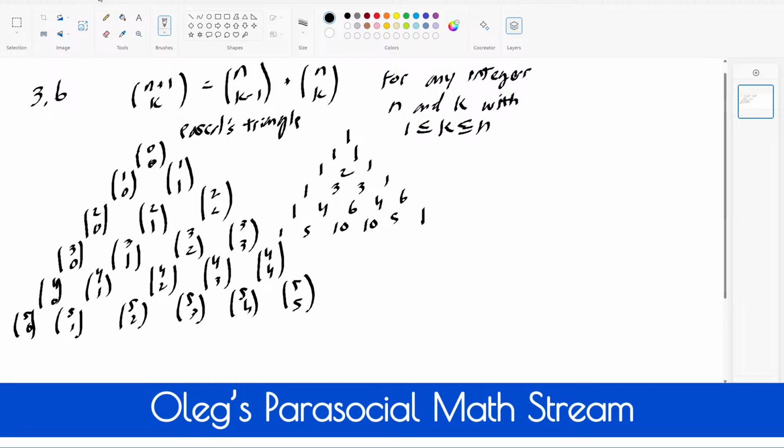This arrangement is called Pascal's triangle after Blaise Pascal. Probably butchering that. Yeah, I'm pretty sure I'm saying that wrong. It's funny, I have a book by him, actually, but I have not touched it in a while.